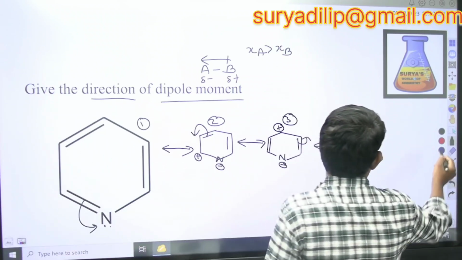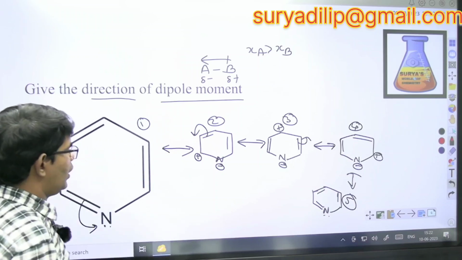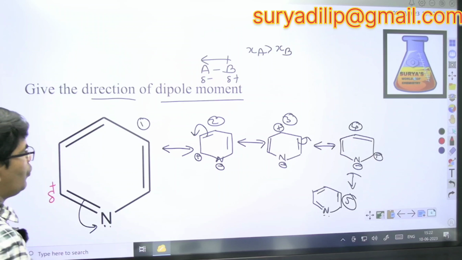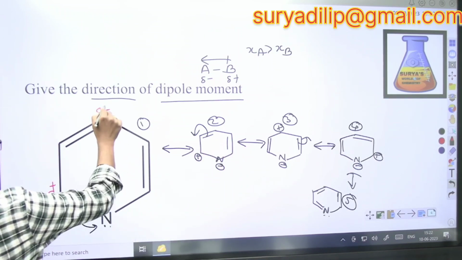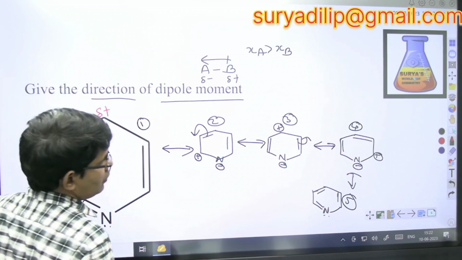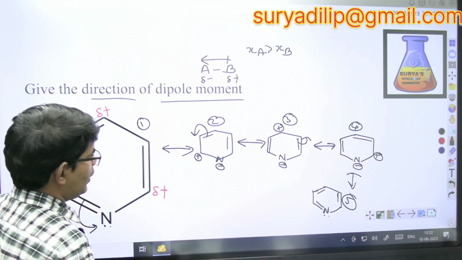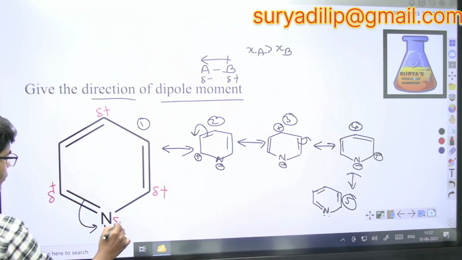And if you see on which atoms you have the positive charge: on this carbon atom you have a positive charge, and on this carbon atom you have a positive charge, and on this carbon atom you have a positive charge, and ultimately the nitrogen atom is having the negative charge.